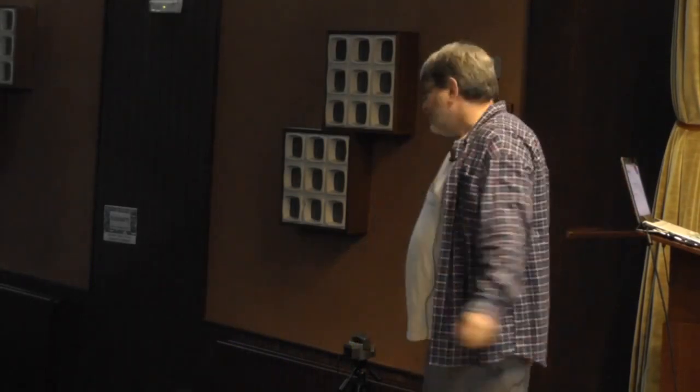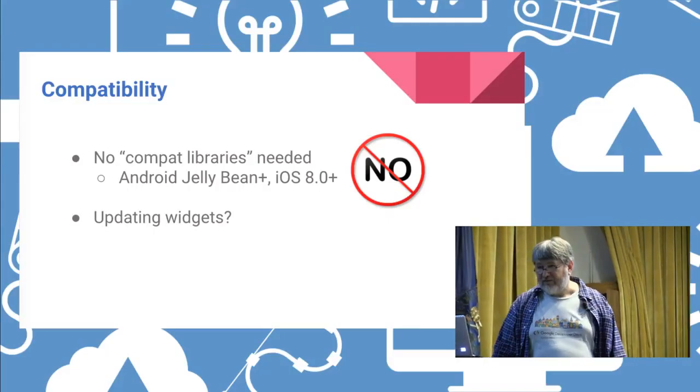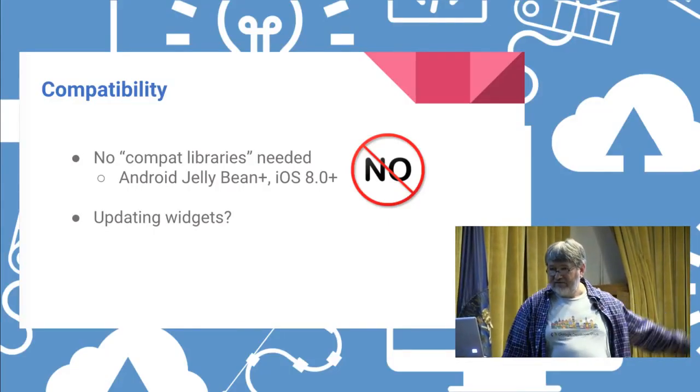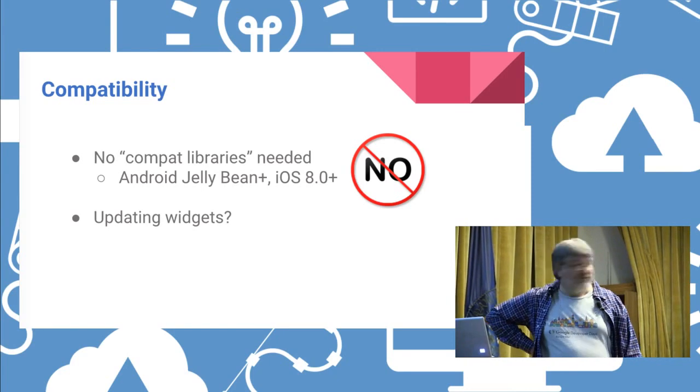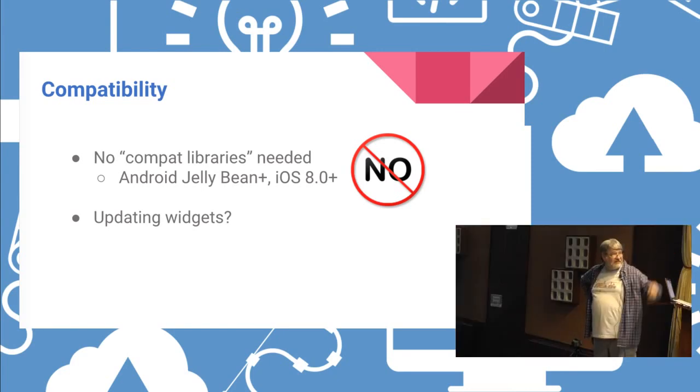Your application looks exactly the same, even on older phones. And that goes all the way back to Jelly Bean or iOS 8. Okay? And we could probably go back even further, but nobody seems to care to go back any further. There was a big change to how the graphics system worked in Android at Jelly Bean, which is why they stopped there. But if there was enough demand, they could do it.